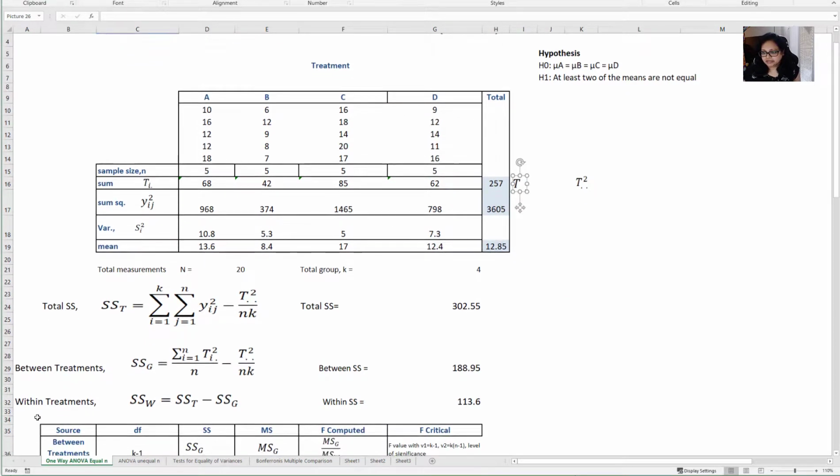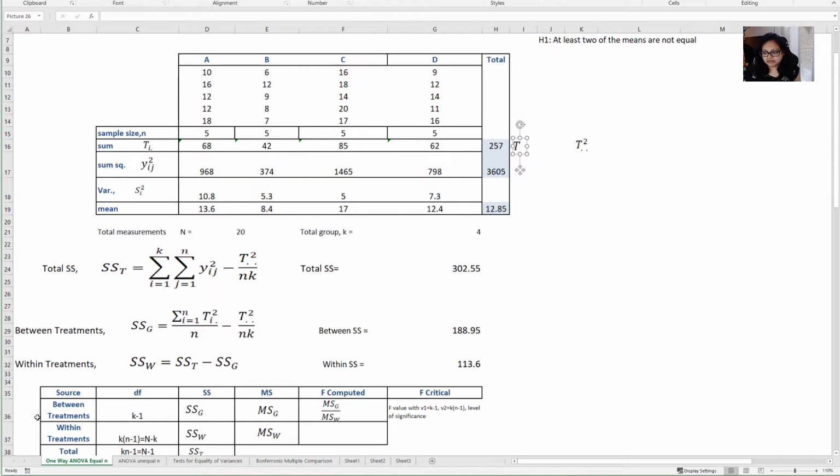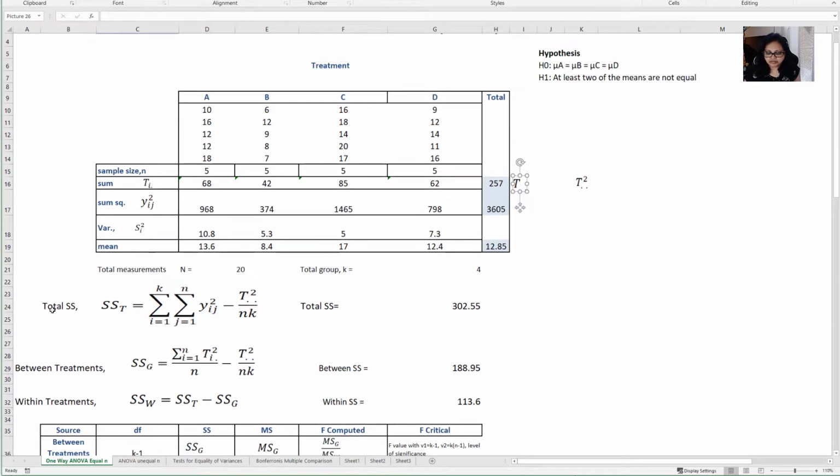After that, it would be helpful to find the total sum of squares, which is easy to calculate. We already found the square of each of those values; for each treatment group I found them and then summed them. That's the value we have at the beginning.